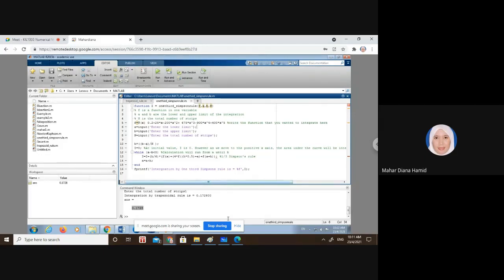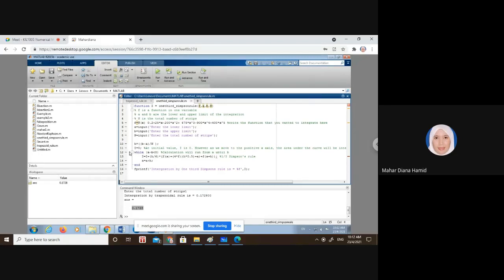And this is the initial value, I is 0. However, as we move to the positive x-axis, the area under the curve will be calculated using this equation.